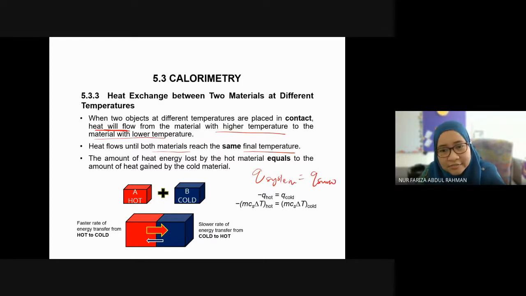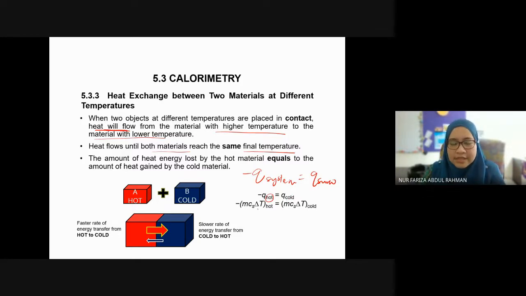If the system releases heat, that means the surrounding will absorb the heat. It is the same story because that is the principle of heat exchange. Q hot or Q cold, you define the system. If you want to study the hot, that is the one releasing the heat, then the cold will be the surrounding.